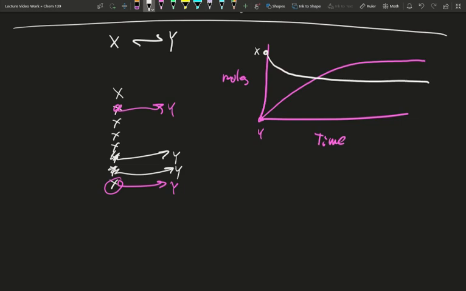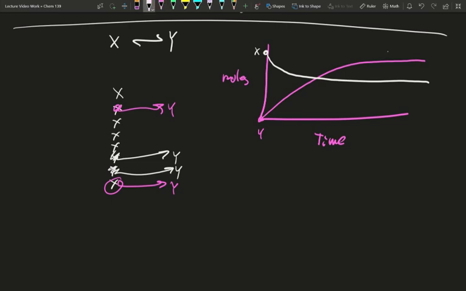What those amounts are, whether X was really low and Y was really high, whether they were even with each other, whether Y barely got going and was pretty low, those depend on a lot of factors with how easy a reaction is to occur, whether one gives off heat or requires heat, and things like that. But just the idea that over time one of them is going to decrease and the other is going to increase, but eventually they will stop changing. You'll reach some amounts where they no longer alter.